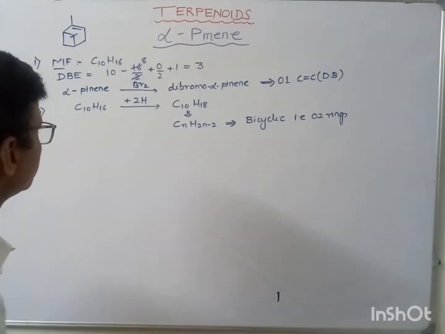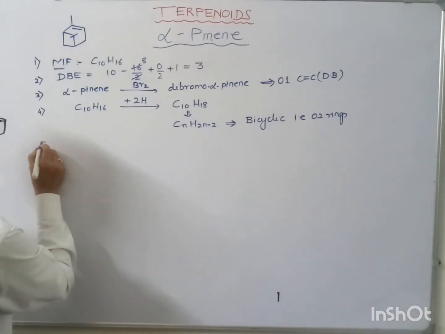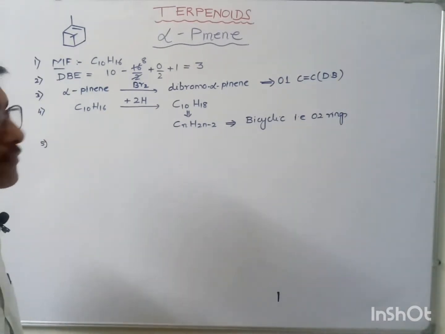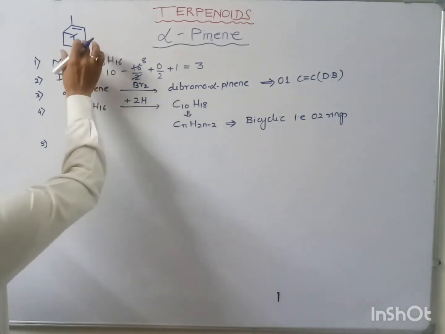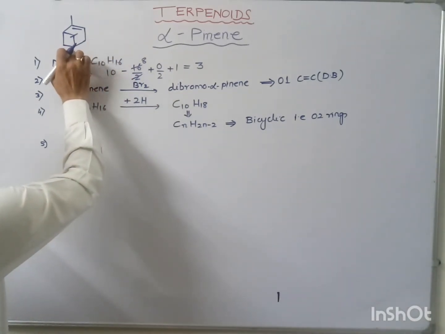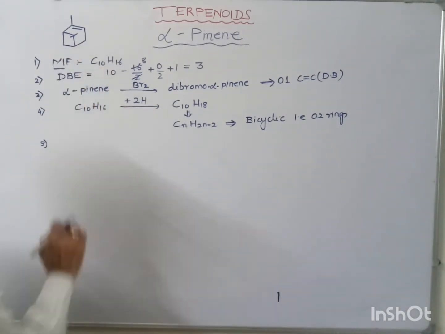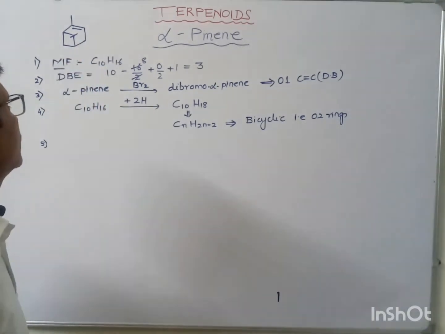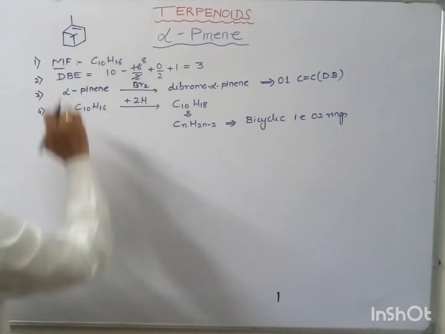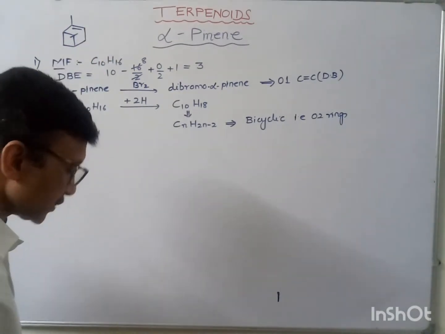Now the next experiment was done to prove that it contains a four-membered cyclic ring, and a six-membered ring is also present over here.